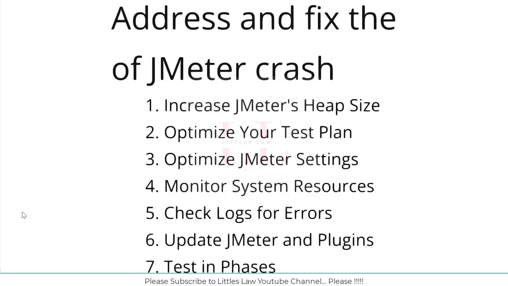You open the jmeter.bat file and adjust the XMS and the XMX values. You have to increase them from the default values, the XMS value from 512 and the XMX value from 2048.